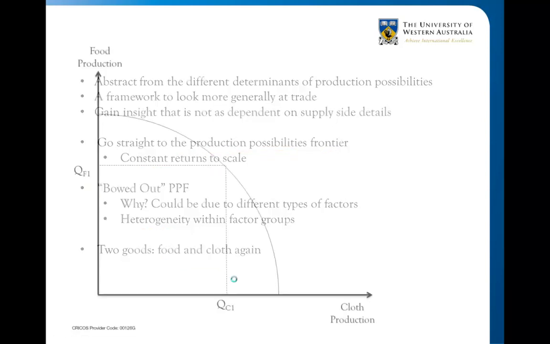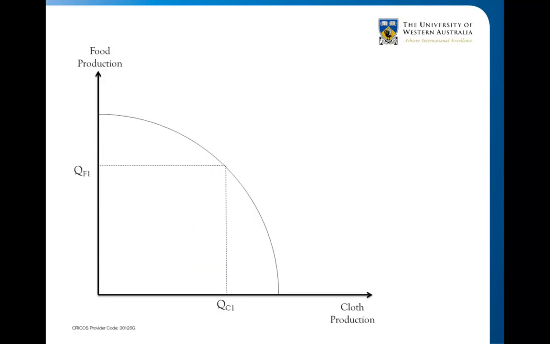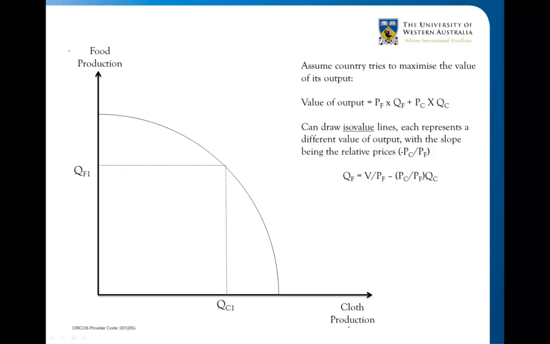So let's have a look at how this develops. We've done this before. We've got cloth on the horizontal axis and food production on the vertical axis. At the moment, we don't have trade, and we've got these iso-value lines in terms of the value of output production.